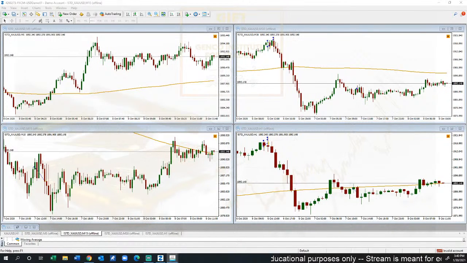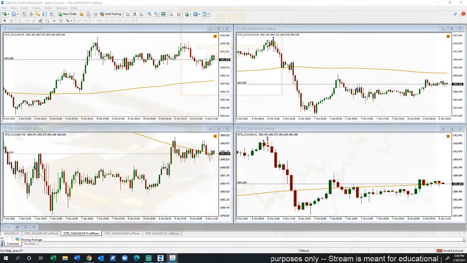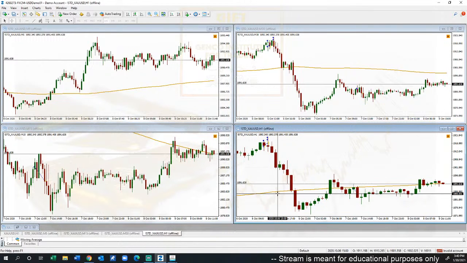I forgot your nice little sell stop down there. Hey man, at least you saw into the future and what happened with the trade. I think you were up right here. So on this hour, you were in at 1885. It went down to 1879. Nice 60 pip trade right there.